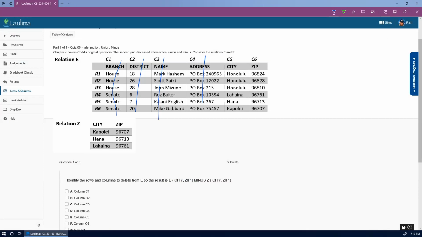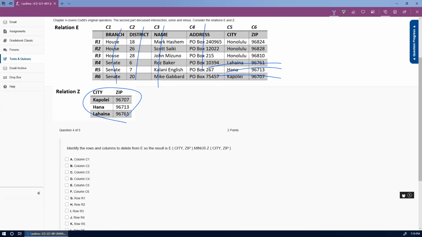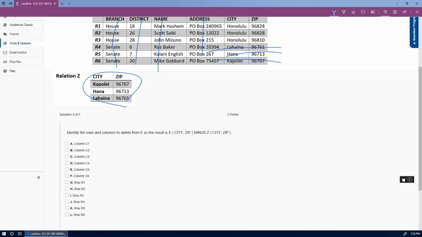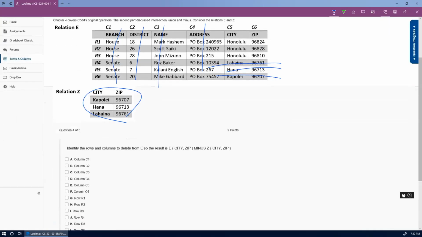And we're going to take E in its entirety, and we're just going to minus out Z. And we end up with, so we want to delete all the rows except what's left over, and we want to delete all the columns except what's left over. All right? So you should be able to figure that one out.